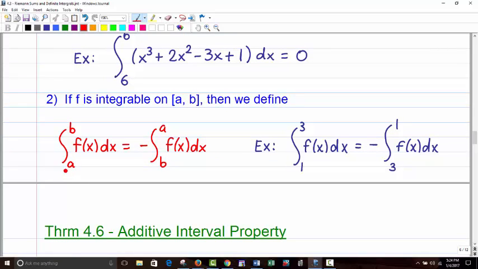The definite integral from A to B, if you reverse the A and the B, that creates a negative sign. So like this example, 1 to 3 of f of x dx would be the negative of 3 to 1 of f of x dx. You might be wondering, why would you do that on purpose? Like I said, we need to know the property just for some questions we're going to see here in a minute, but why would I do that on purpose?